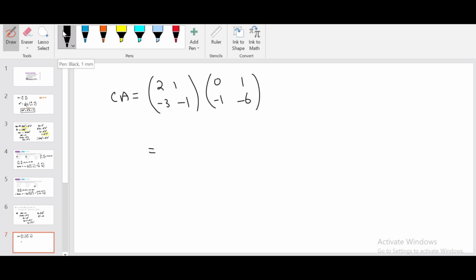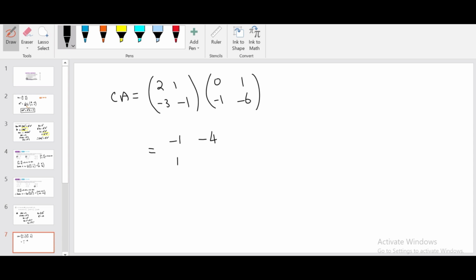One second. So you have to multiply first row, first column. You do 2 times 0 and 1 times minus 1, so minus 1. And then the second column: 2 times 1 and 1 times minus 6, so minus 4. And then you do the second row: minus 3 times 0 is 0, minus 1 times minus 1 is 1.